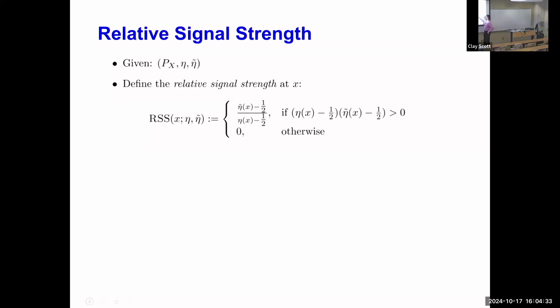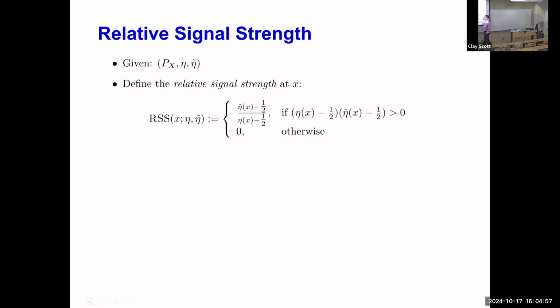But if they do have the same sign, then we define the relative signal strength to be this ratio, where each of these is the signal strength from conventional classification. So when is the relative signal strength large?